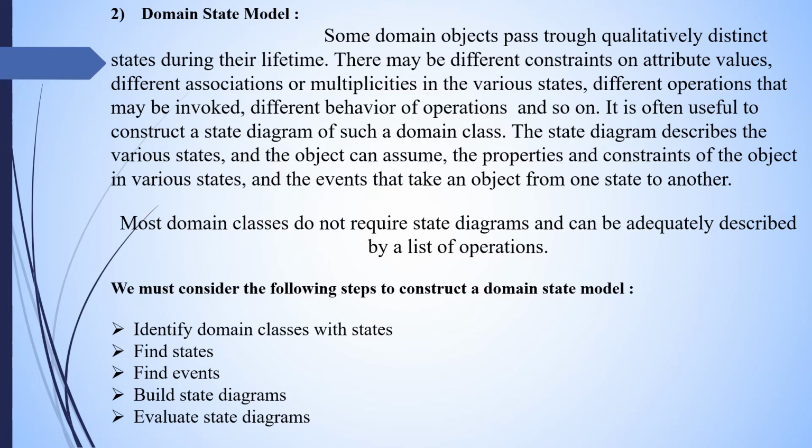We must consider the following steps to construct a domain state model: identify domain classes with states, find events, build state diagrams, evaluate state diagrams. Here, when we construct a domain state model, the first thing is to identify classes along with the states. First, examine the list of domain classes for those that have a distinct life cycle.